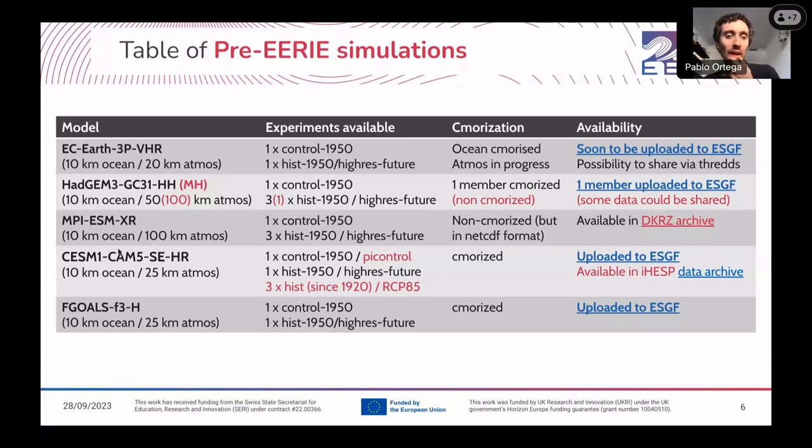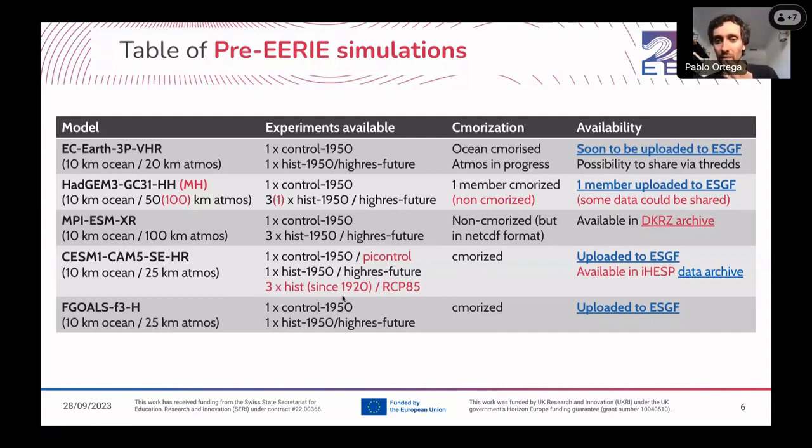Then we have the MPI-ESM. I never know if it's XR or ER, because there is an XR in the ESGF archive, but I believe that is not the same resolution. What you can find through the DKRZ archive, and in the link here you can consult how to access the data. And then CESM, so this is from NCAR.